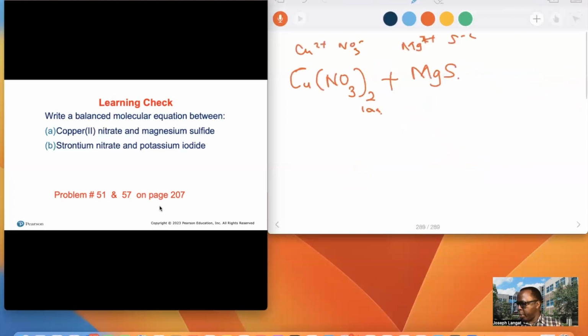So our product here should be CuS plus Mg(NO3)2. The question is, which one is solid, which one is aqueous?